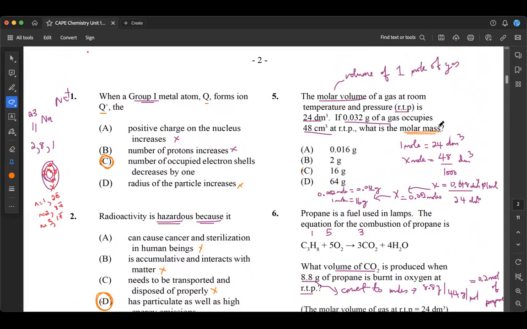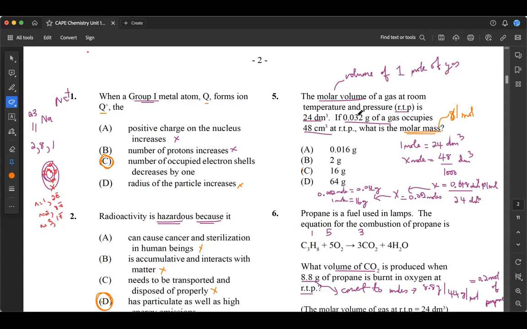Okay, so we need to find the molar mass, which is the grams that are present in a mole, right? So this is my G, grams that are present in a mole. All right, so we know that the molar volume of a gas is the volume of 1 mole of the gas, okay? So at RTP, we know that 1 mole is gonna occupy 24 dm cubed, right?